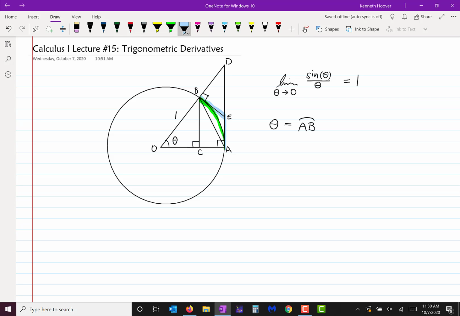But the path that you travel is longer than if you walked along the circle from A to B. So that blue path takes you from A to B, but it is longer than the green path. So the arc from A to B is shorter than the line segment from A to E plus the line segment from E to B.